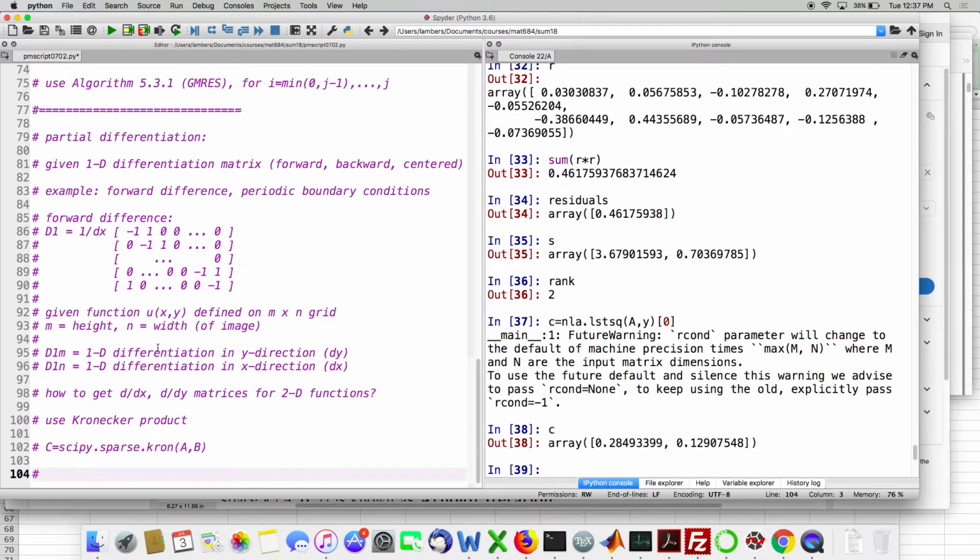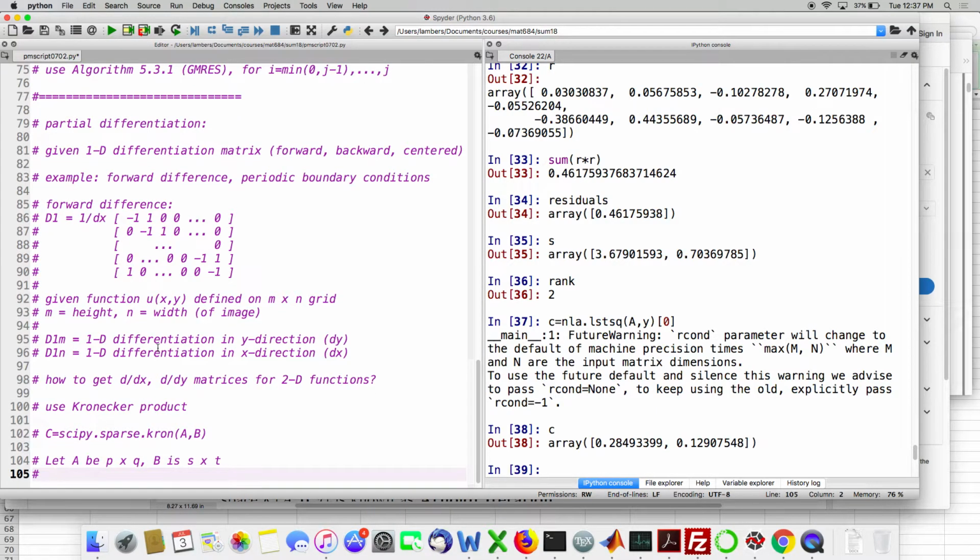What does the Kronecker product do? It's easiest to describe in words. Suppose A is P by Q, and B is S by T. So just generic sizes here. Then C is PS by QT.